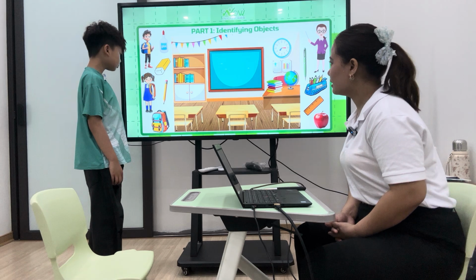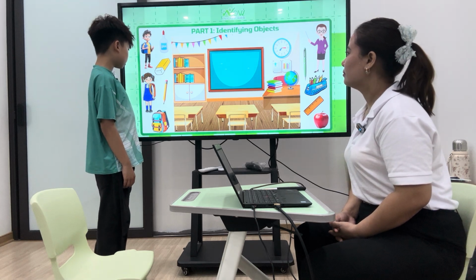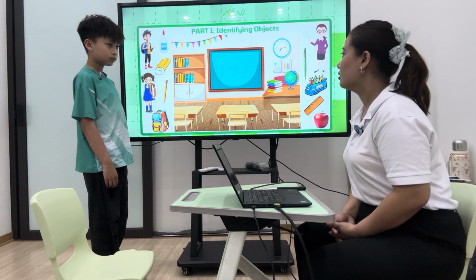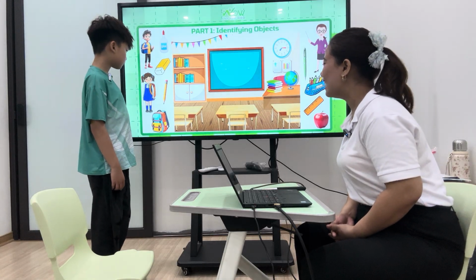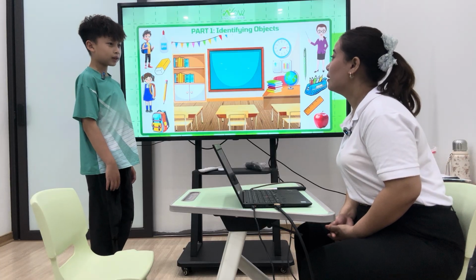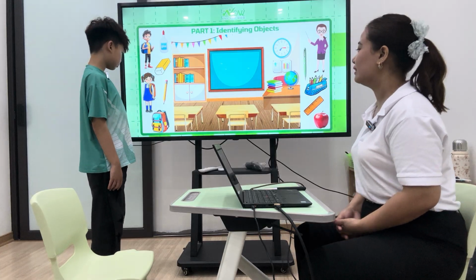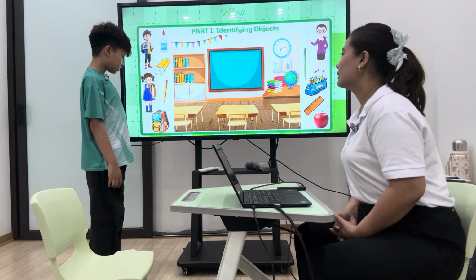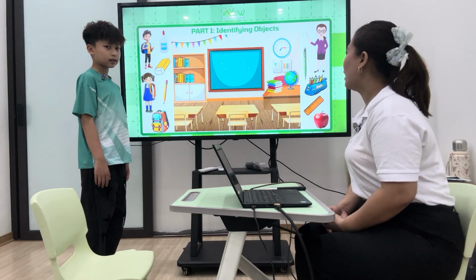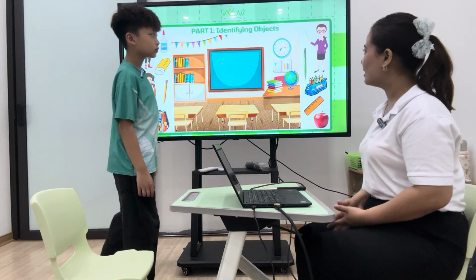Very good. Next. Is a pencil case. It's not a pencil case. What's that? It's a pencil. Okay, very good. Next. It's a backpack. Wow, great job.